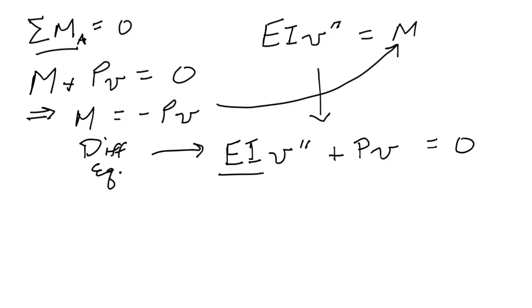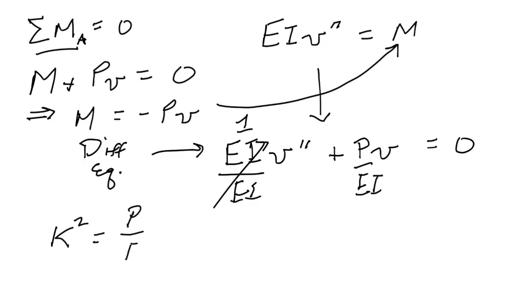So let's clean this up slightly by dividing through by EI, so that goes to 1. And then we're going to set k squared equal to that constant P over EI. Okay, so this is called a homogeneous second-order differential equation with constant coefficients, and you can just look up its solution analytically.